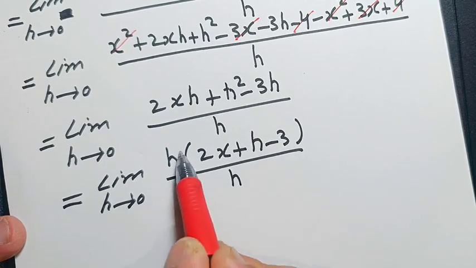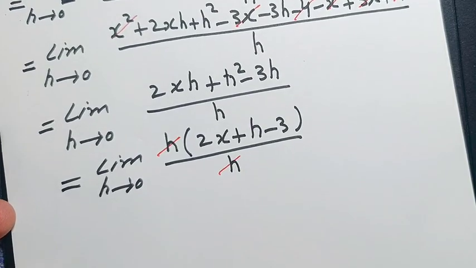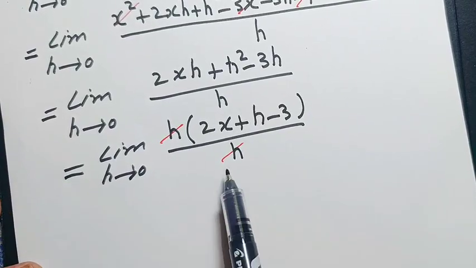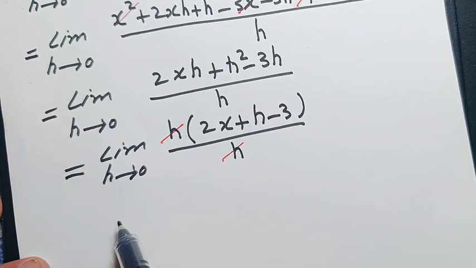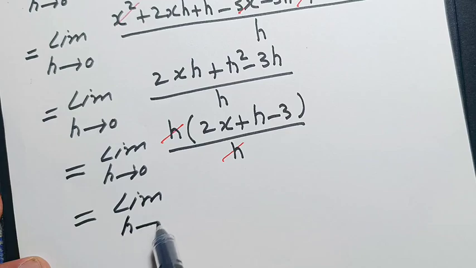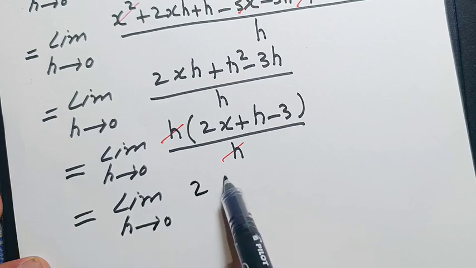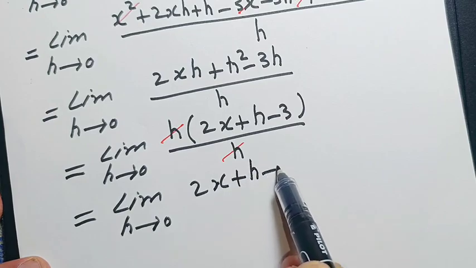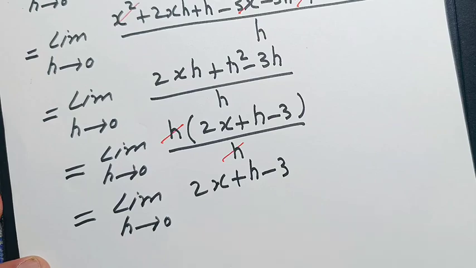Now h and h cancel, and now it's going to be limit h approaches 0, 2x plus h negative 3. So I got this one.